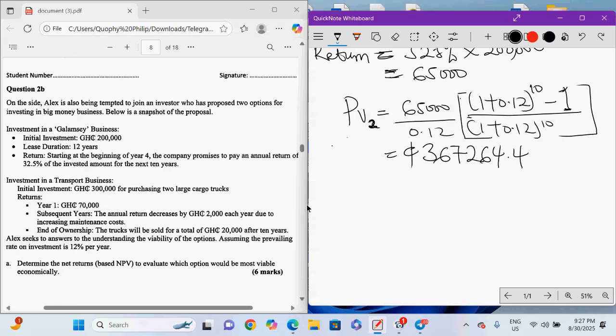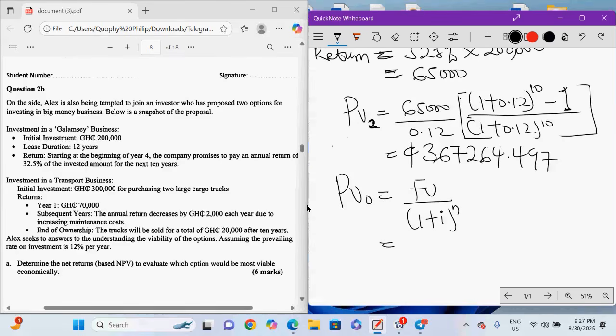367,264.4968. So now we find the present value for today, which is the future value over what? 1 plus the interest rate, right?